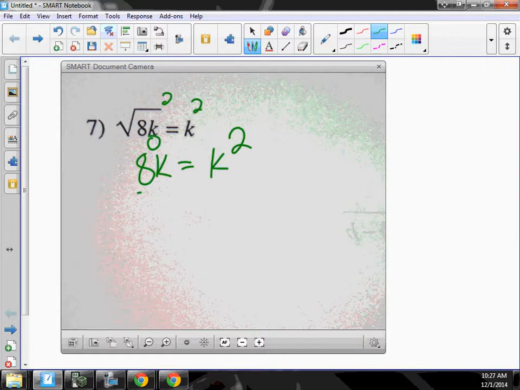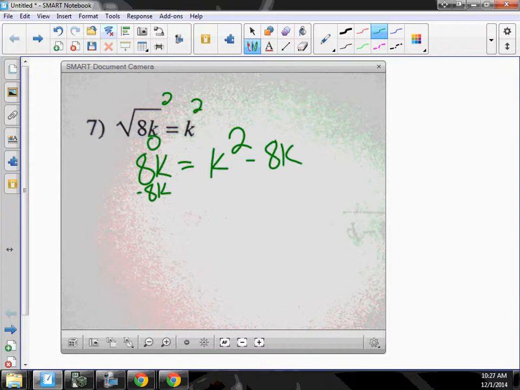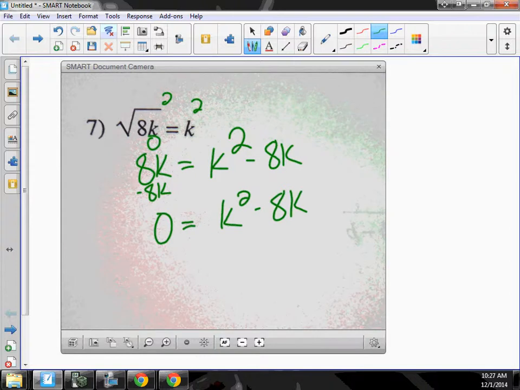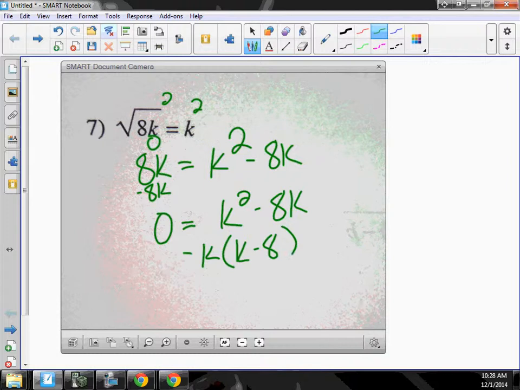So I'm going to subtract 8k, and I get 0 equals k squared minus 8k. So, do these have any common terms? They both have a k. So I'm going to pull out a k, and I get k minus 8 equals 0.